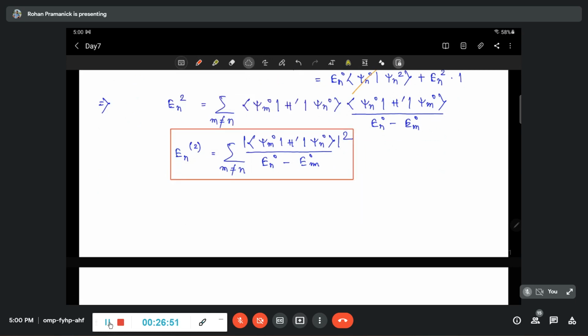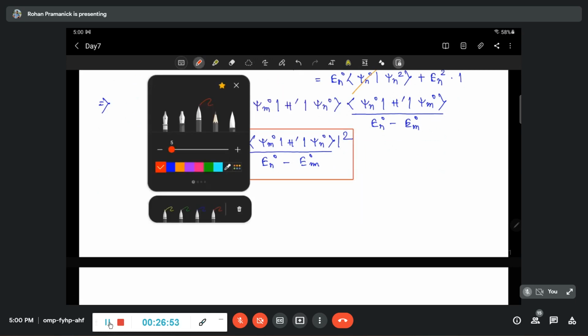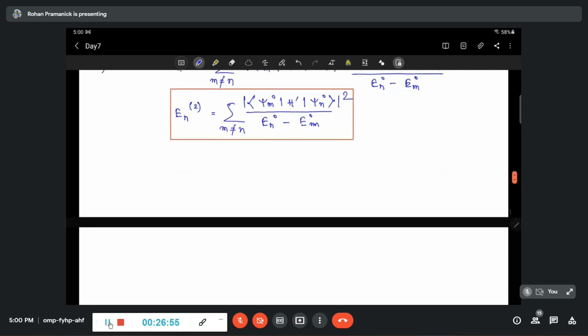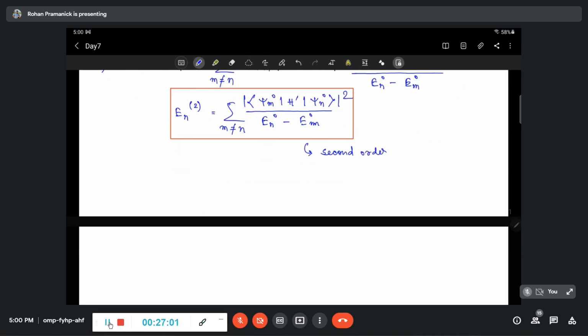So this is the second order correction to the energy eigenvalue.